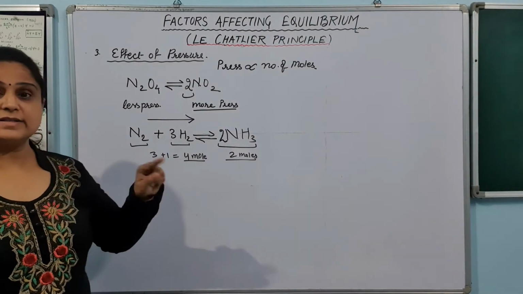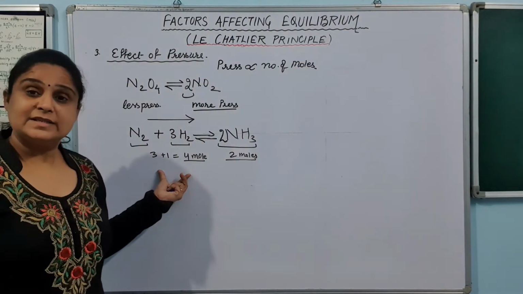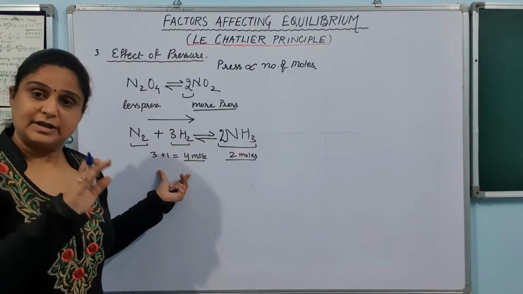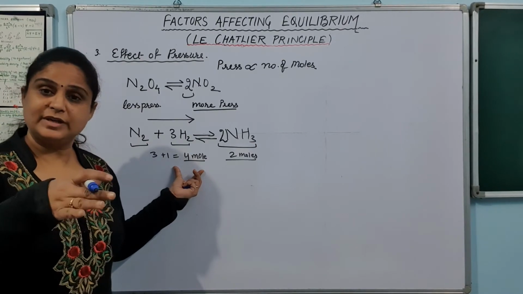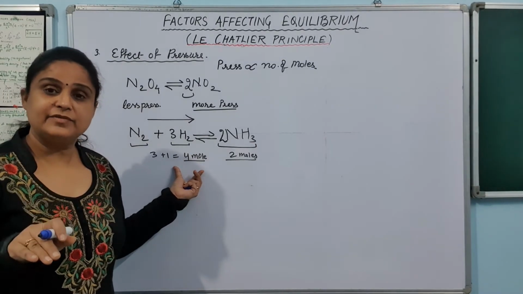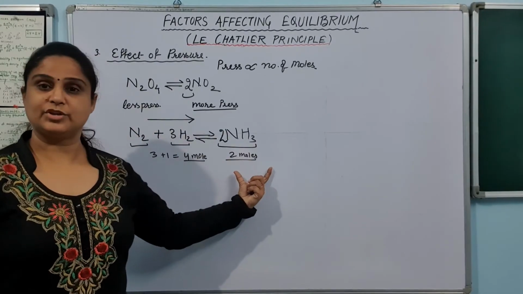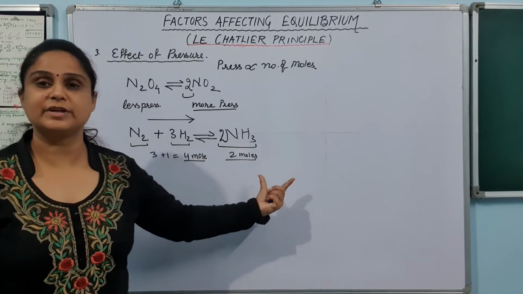So if I increase the pressure, in that case, more pressure will make changes in the equilibrium. अब मैंने change किया pressure increase करके. What will this reaction start doing for itself to remain at the equilibrium? It will shift itself so that more pressure से कम pressure होना शुरू हो जाए. And how is it possible? It is possible only when more product will be formed.